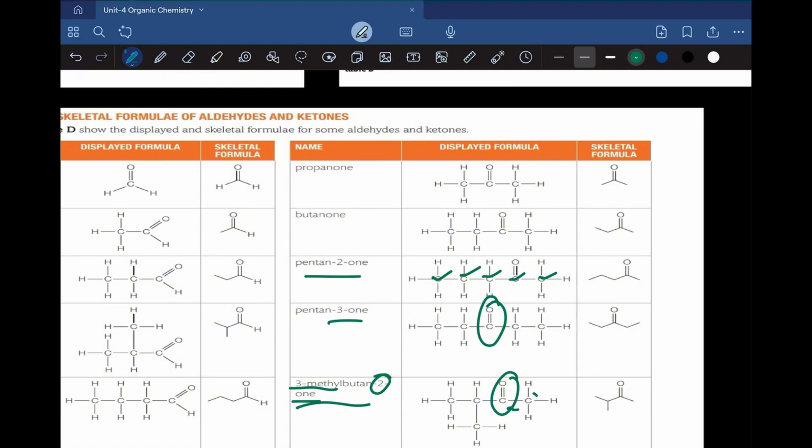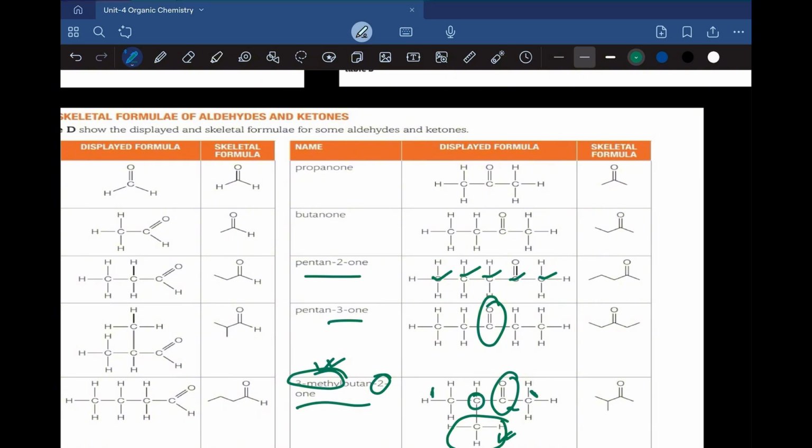And this 3-methyl comes from here because the CH3 methyl group is on the third carbon atom. Here we have started the carbon counting from here rather than here. If we had taken the methyl counting first, then it would have been 2-methylbutan-3-one.